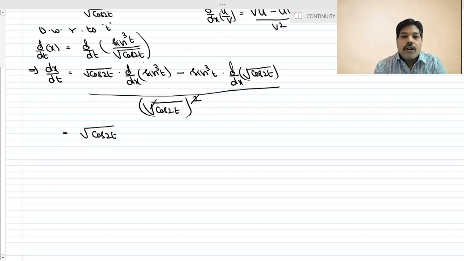Meaning, you have to understand, students, actually this is the sine t whole cube. Sine cube t is nothing but the sine t whole cube. What is the sine t whole cube?